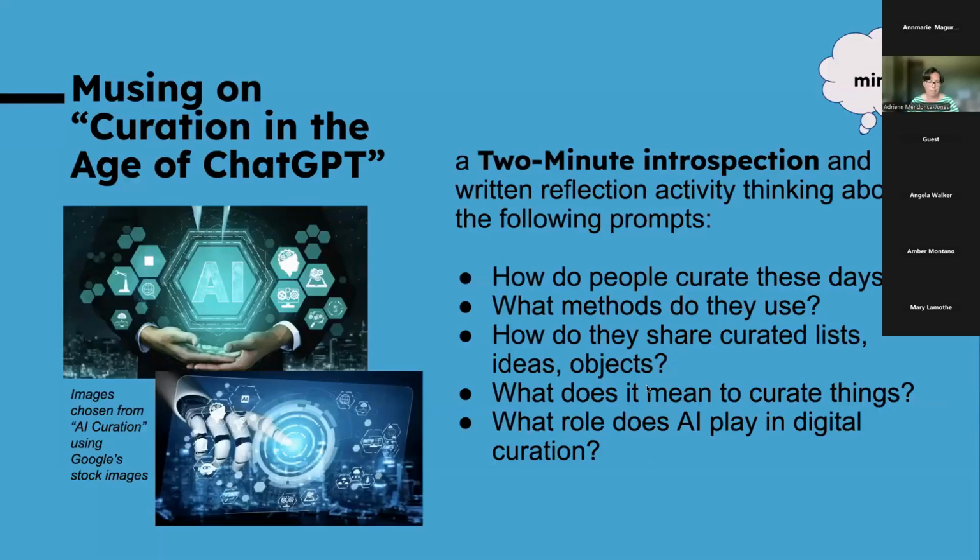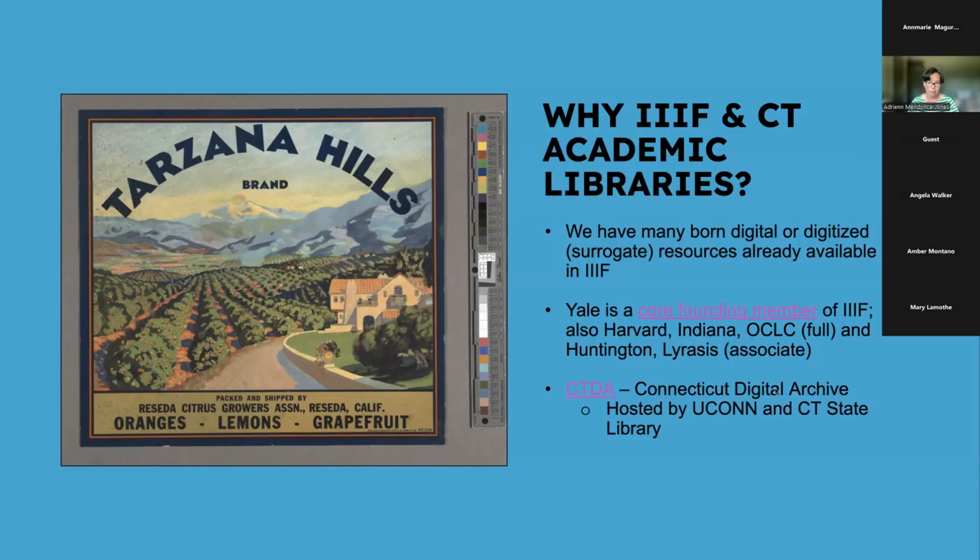Oh, the slide didn't load, so let's go back. We had that happen before, but that's okay. CTDA is, of course, the Connecticut Digital Archive, hosted by UConn, and that one has a fair number of IIIF resources. The next slide that's coming through, let's show it anyway.